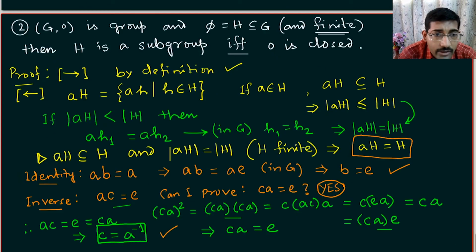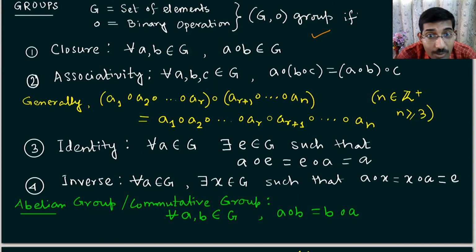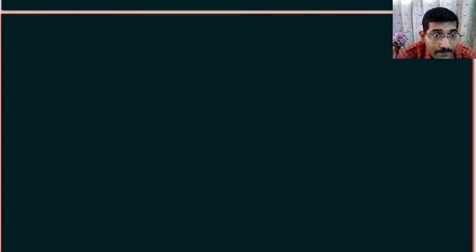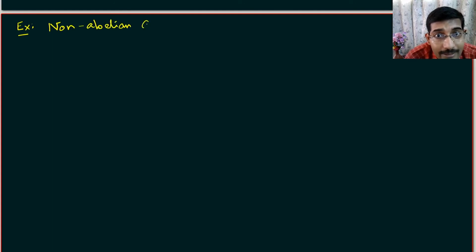One thing we have not discussed yet is any non-abelian group. It is a group, but it is non-abelian. We haven't discussed it yet, so let us try to discuss a particular example which we call a non-abelian group. So does it exist or not?